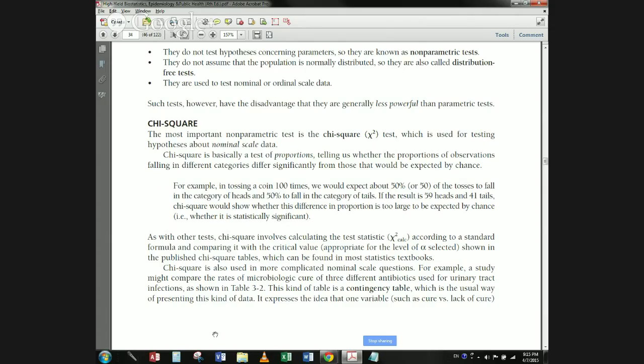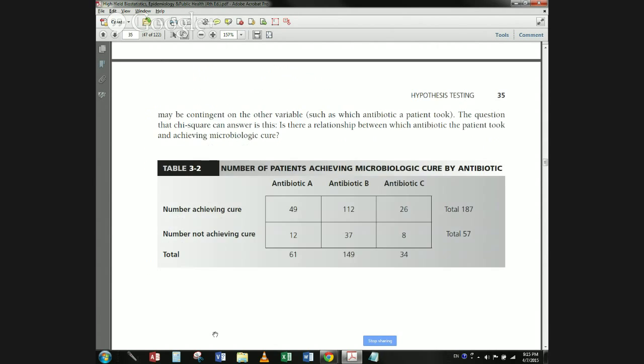It expresses the idea that one variable, such as cure versus lack of cure, may be contingent on the other variable, such as which antibiotic a patient took. The question that chi-square can answer is this: is there a relationship between which antibiotic the patient took and achieving a microbiologic cure?